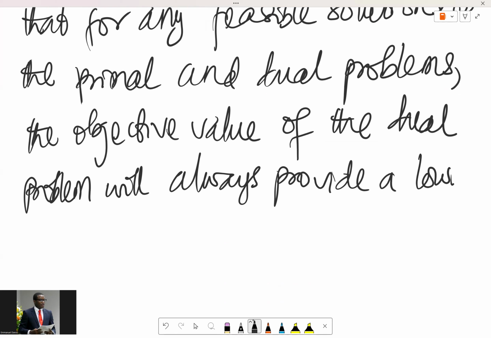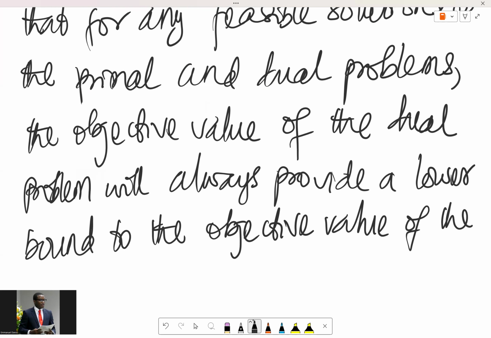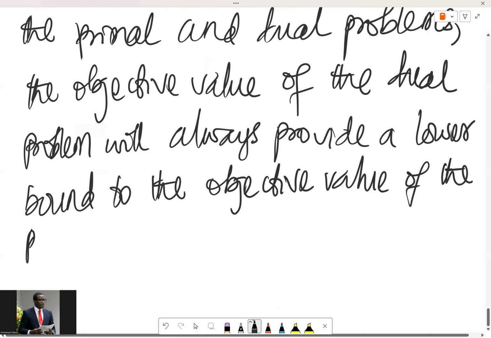a lower bound to the objective value of the primal maximization problem.